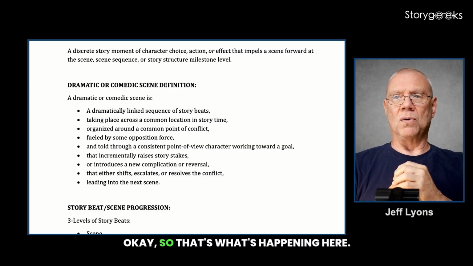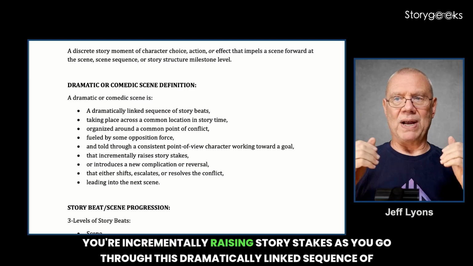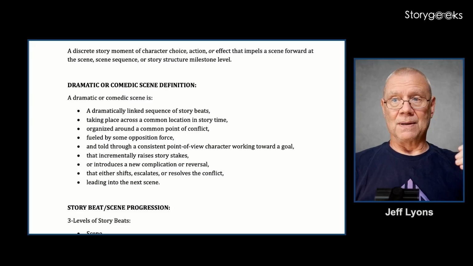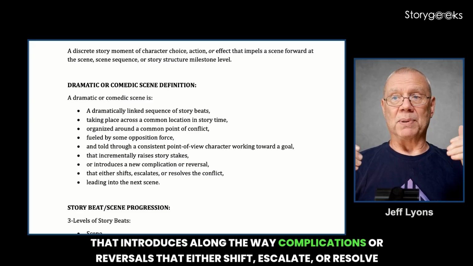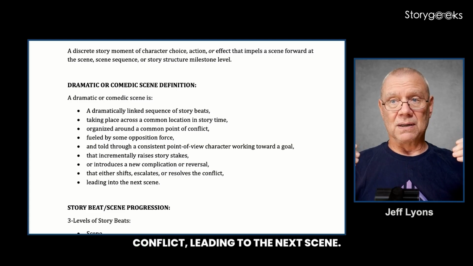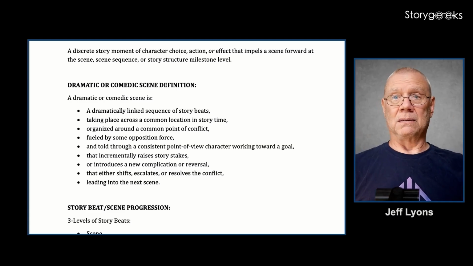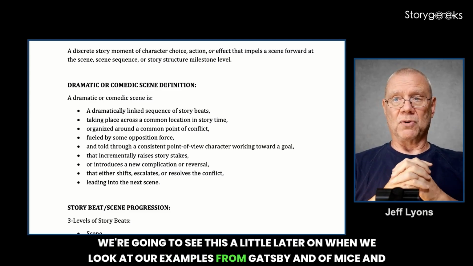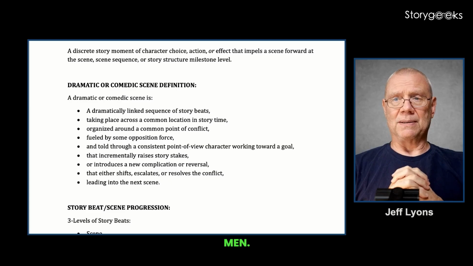Okay? So that's what's happening here. You're incrementally raising story stakes as you go through this dramatically linked sequence of different beats that introduces along the way complications or reversals that either shift, escalate, or resolve a conflict, leading to the next scene. And we're going to see this a little later on when we look at our examples from Gatsby and Of Mice and Men.